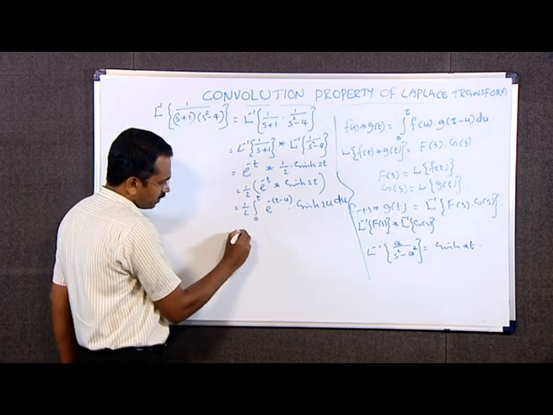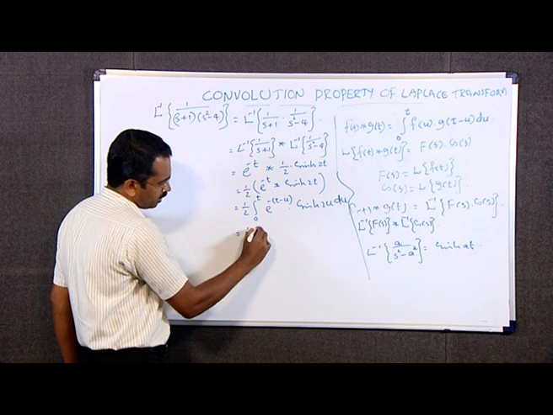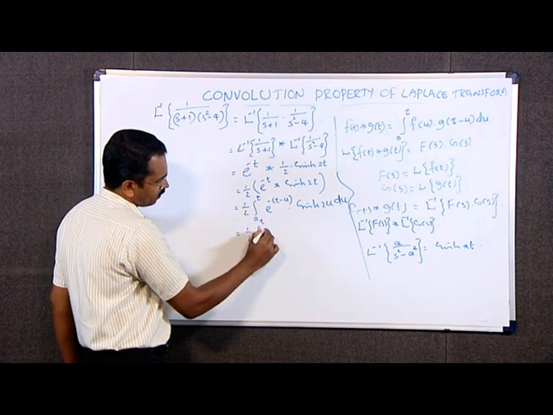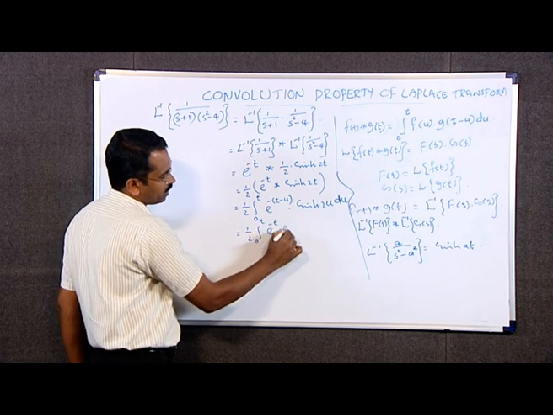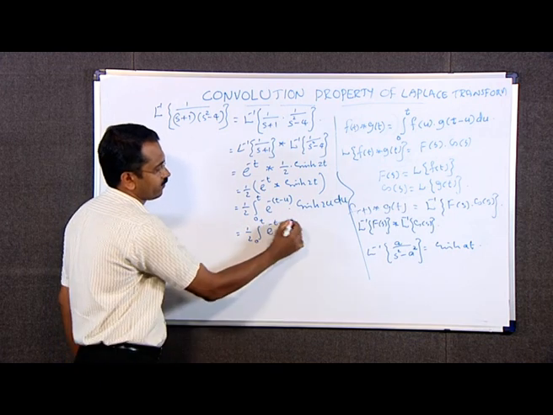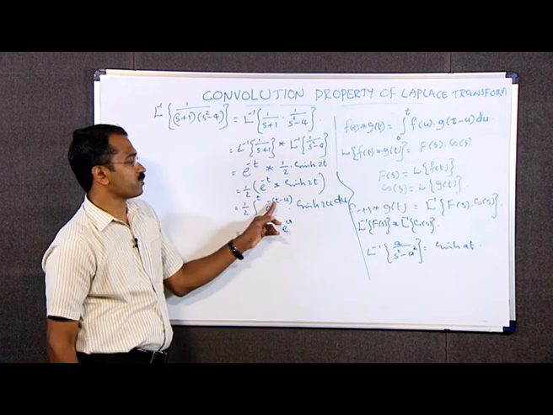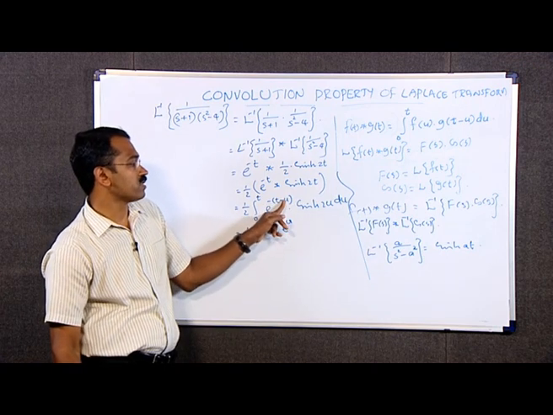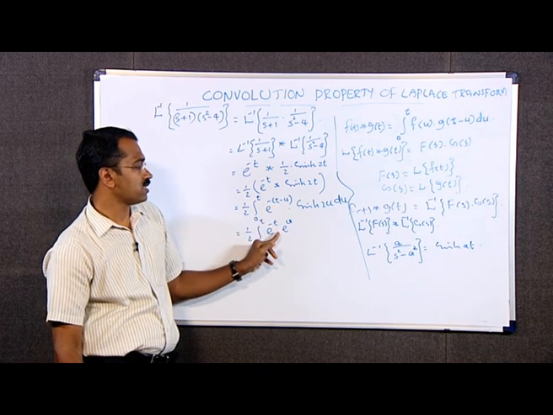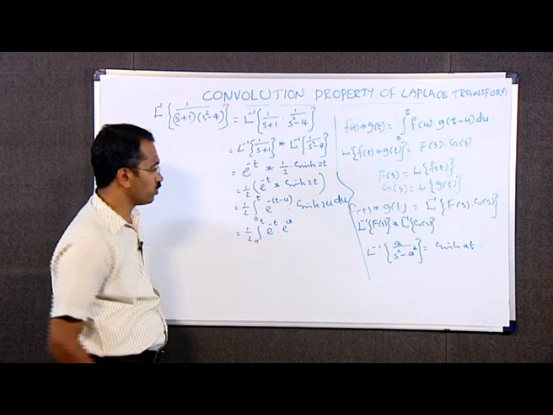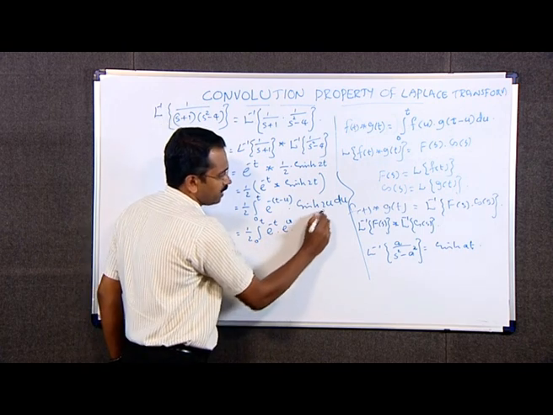This is equal to 1 by 2 into integral from 0 to t of e raised to minus t into e raised to u sin h 2u du.